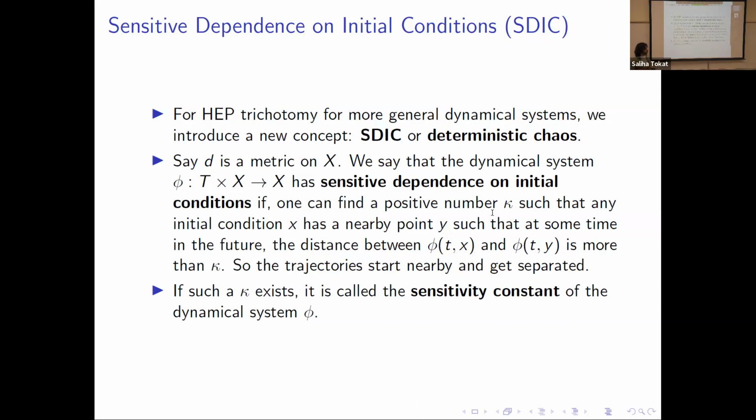So the trajectory starts near y, and as time goes on, the distance gets separated. If such a kappa exists, it's called the sensitivity constant of the dynamical system.